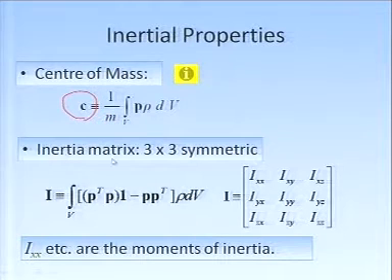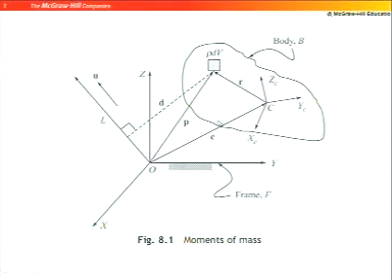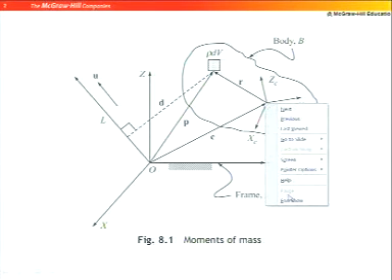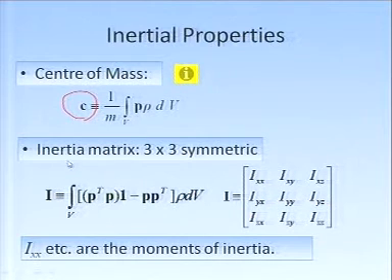Then we also define what is called the inertia matrix. This is related to mass and geometry. Any rigid body, depending on its shape and whatever mass it has, has an inertia matrix. Mathematically, the inertia matrix of a rigid body is a 3 by 3 symmetric matrix, as I have written here.